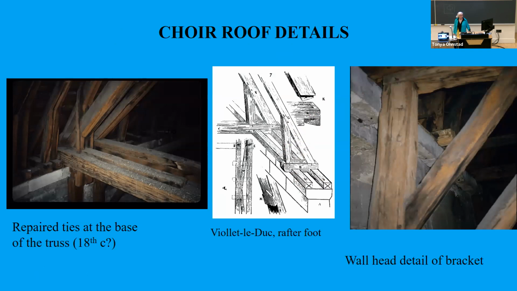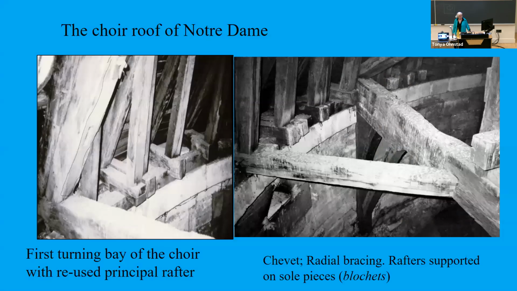Some of us call this sort of trenching over. People use different terms for different things, but here you see the sole pieces, and they quite often overhang the wall face. In essence, that brings the total span a little inward, which helps.